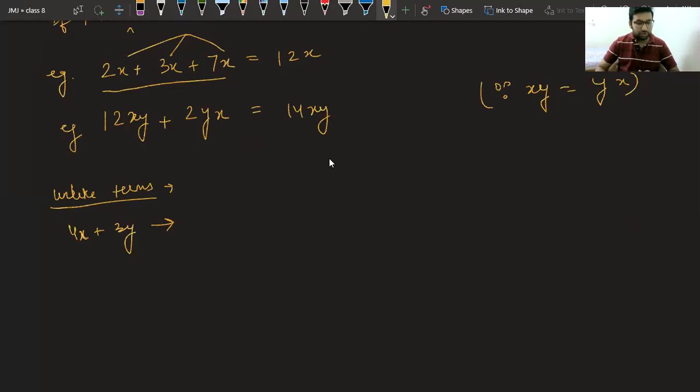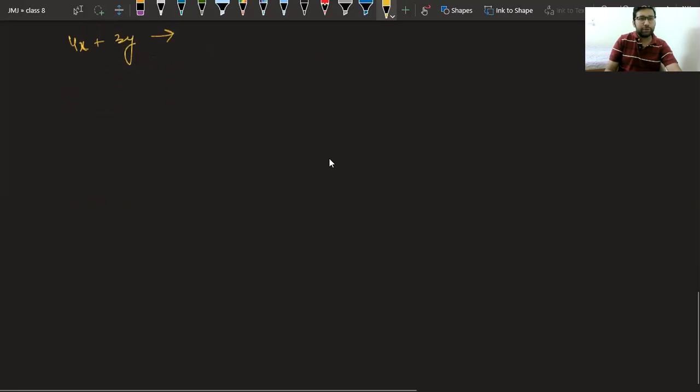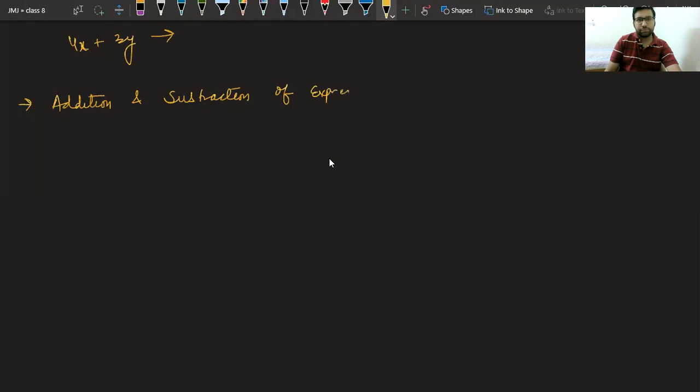Now comes another important part, that is addition and subtraction of expressions. Let's see the next concept, addition and subtraction of expressions. Now I will give you some examples and you have to try the answer on your own. Okay, let us try this one.